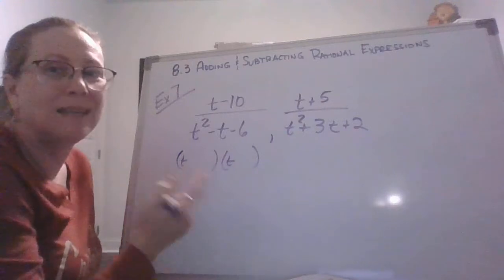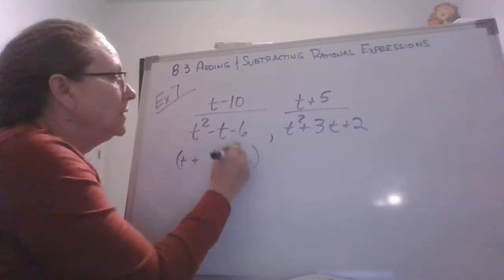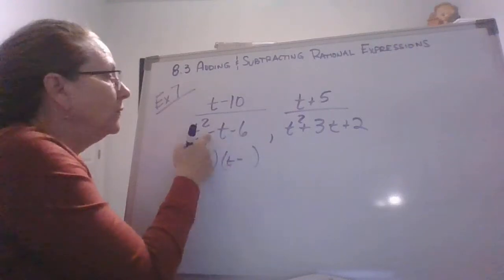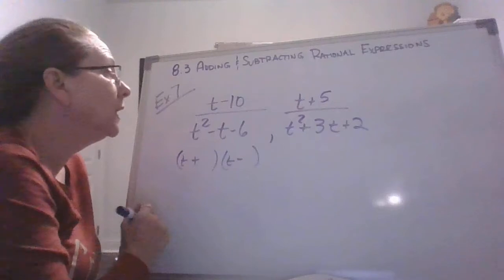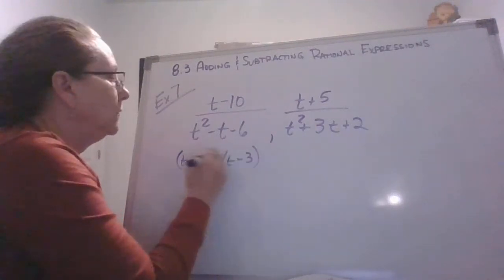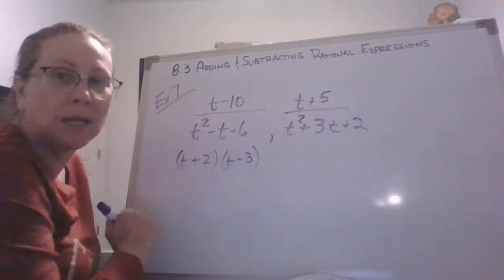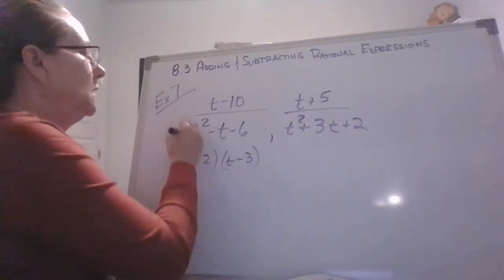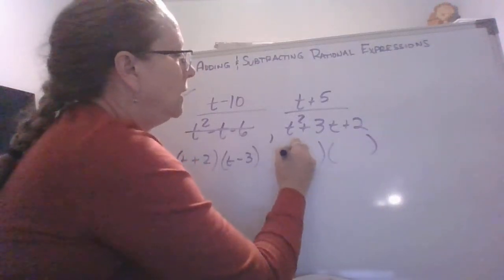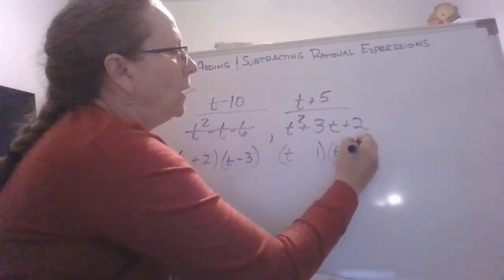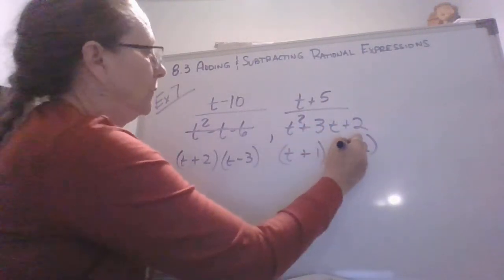Six can be 1 and 6 or 2 and 3, but they have to be different signs, hence the negative, and they have to subtract and give us negative. So let's try negative 3 and positive 2. Multiply to negative 6 and add up to negative 1. So that one's factored here. T and T, 1 and 2 are the only multiples. They're the same, both positive.